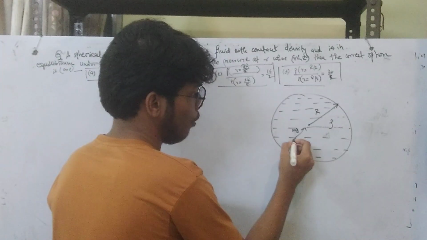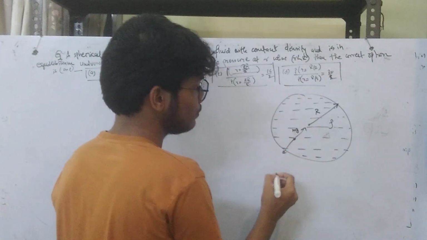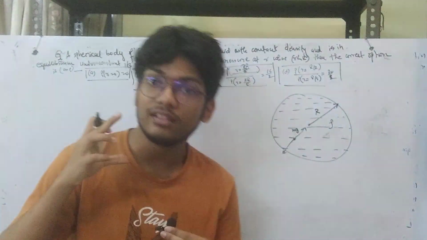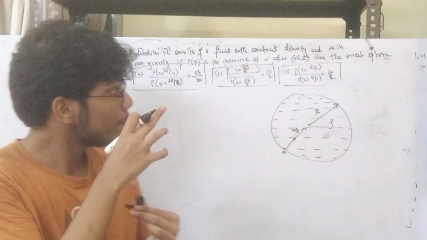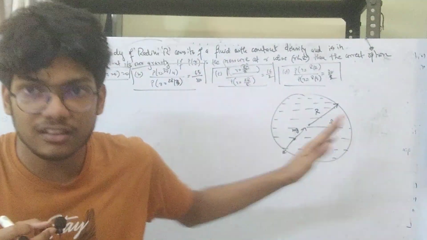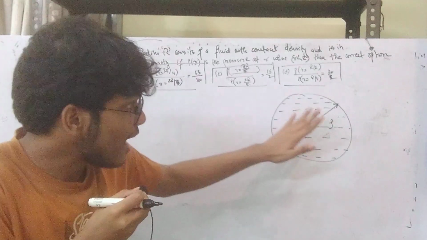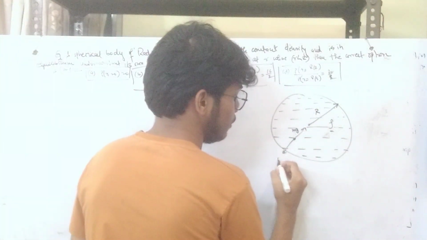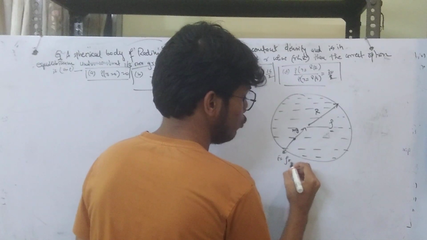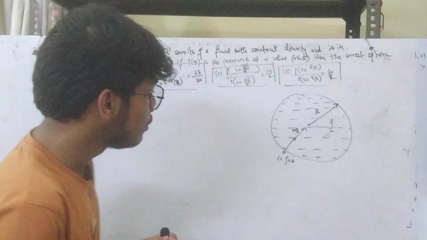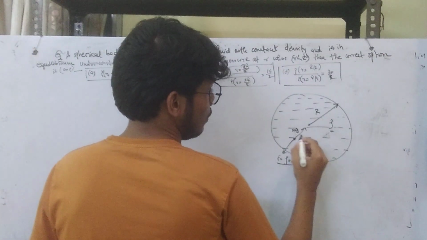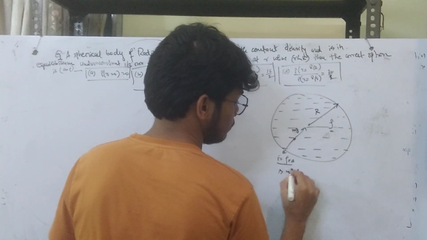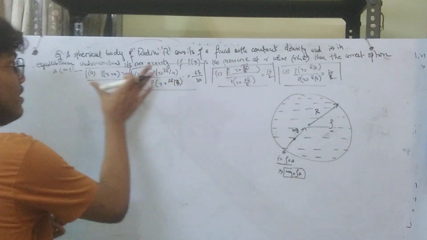The concept which applies this force is actually the pressure of the fluid. The pressure of this fluid is P, then the force will be P into the area, let's take it as A. So we can say mg equals PA. This is what it's explaining.